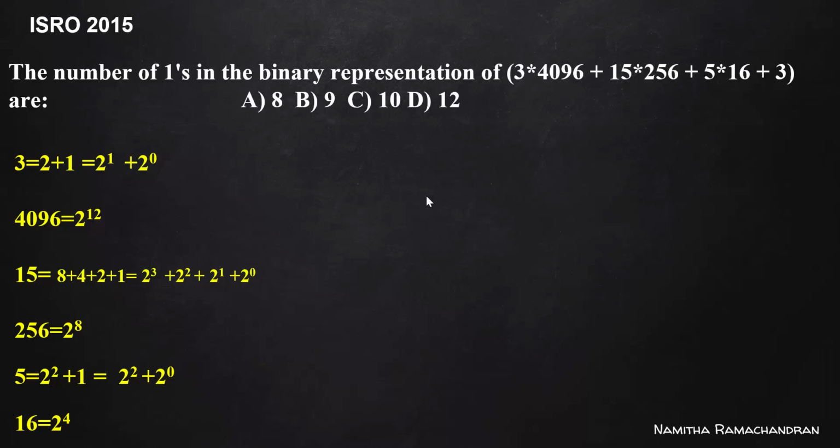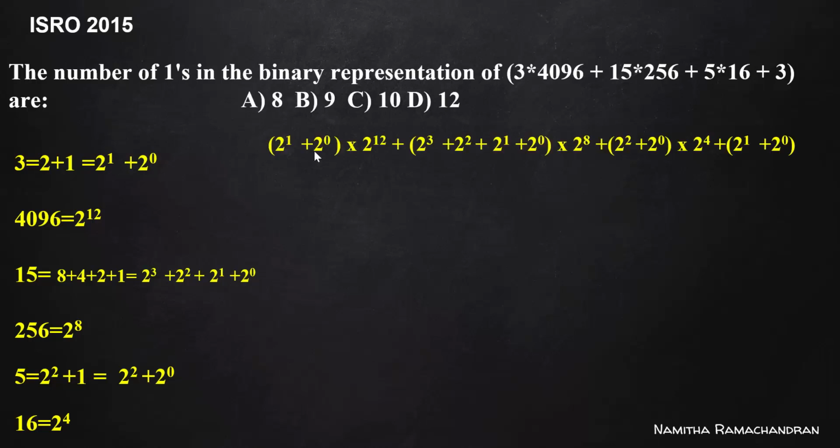Now we can consider the two power terms like this. 3 can be represented as 2 to the power 1 plus 2 to the power 0, into this is 2 to the power 12, plus 15 is 2 cube plus 2 square plus 2 to the power 1 plus 2 to the power 0 into 256 as 2 to the power 8 and so on. We can multiply this 2 to the power 12 with this and this.